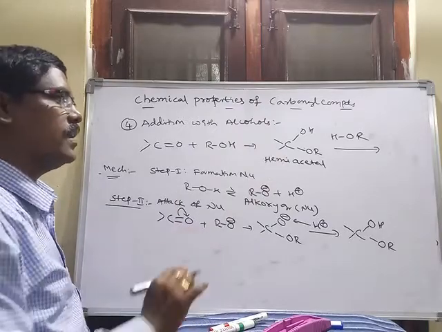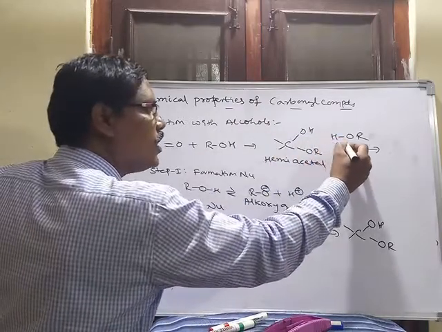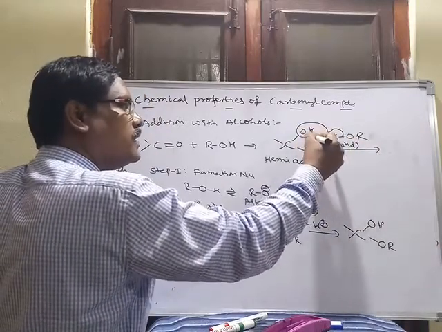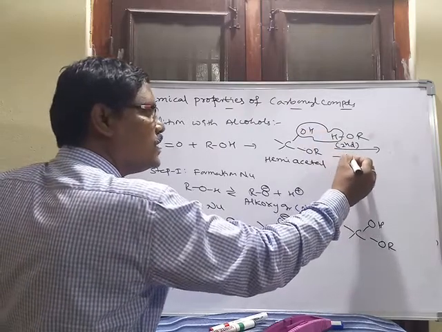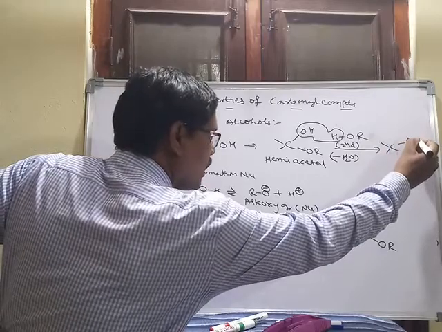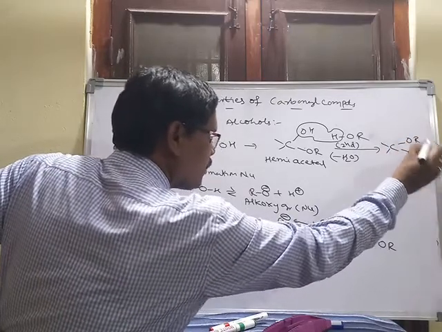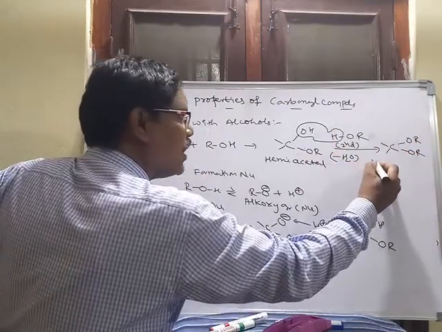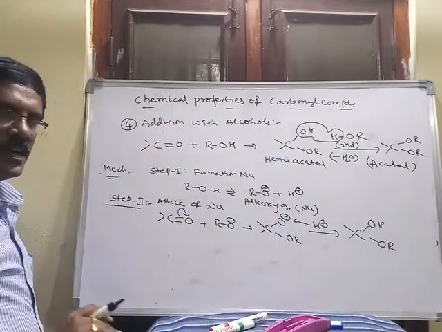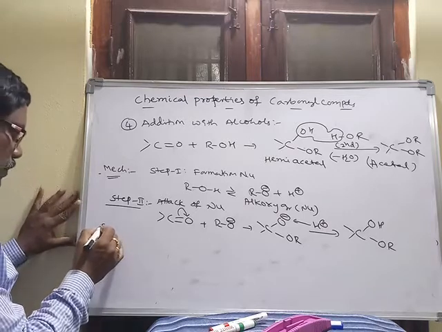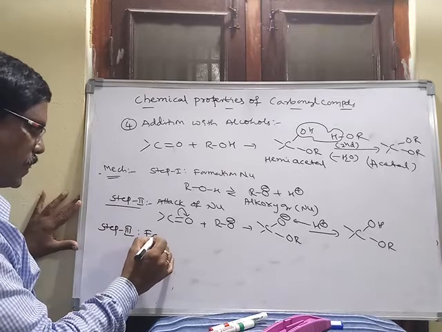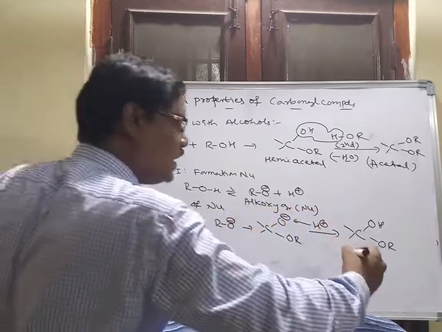After formation of the hemiacetal, it reacts with a second molecule of alcohol. The second molecule will attack this one and H2O is eliminated to form OR and OR. This is called an acetal. That's why here step 3, the formation of this is called hemiacetal.